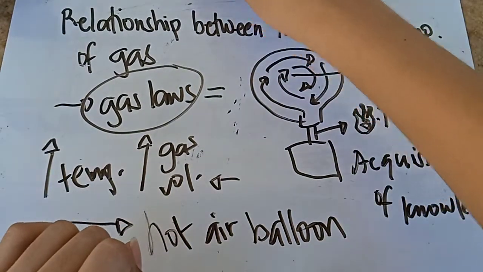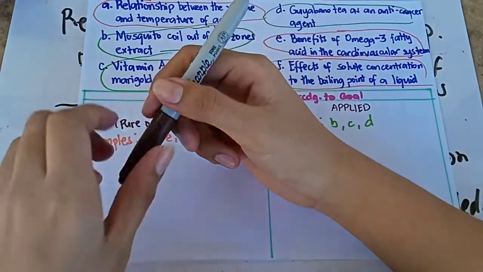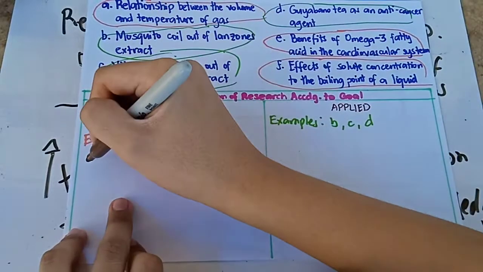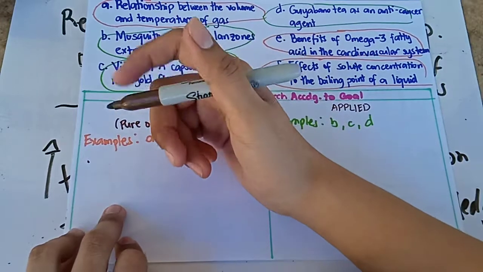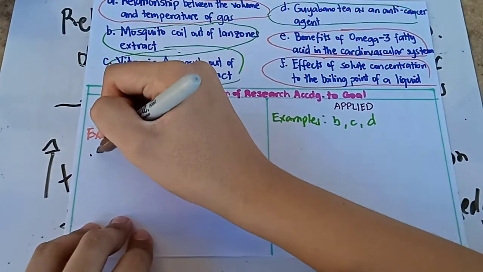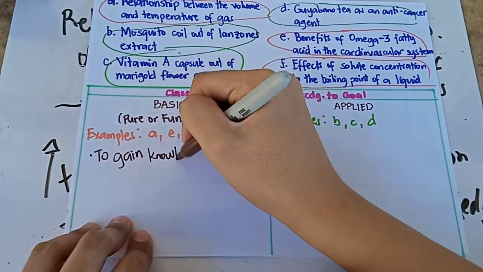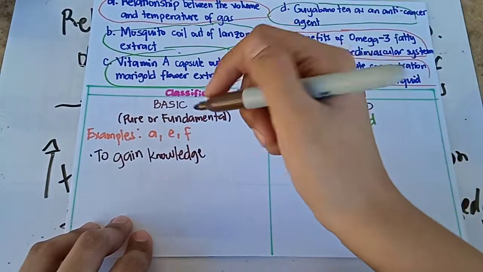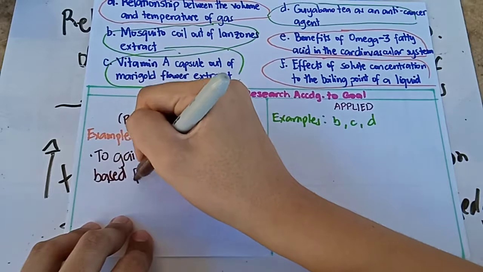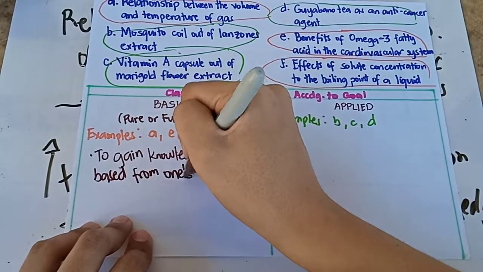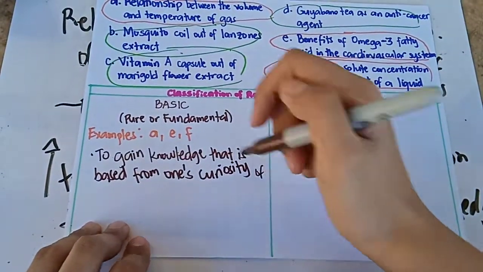So, the first objective or aim of basic research is that it is conducted because we need to gain knowledge. And this knowledge is based on one's curiosity, the curiosity of the researcher.